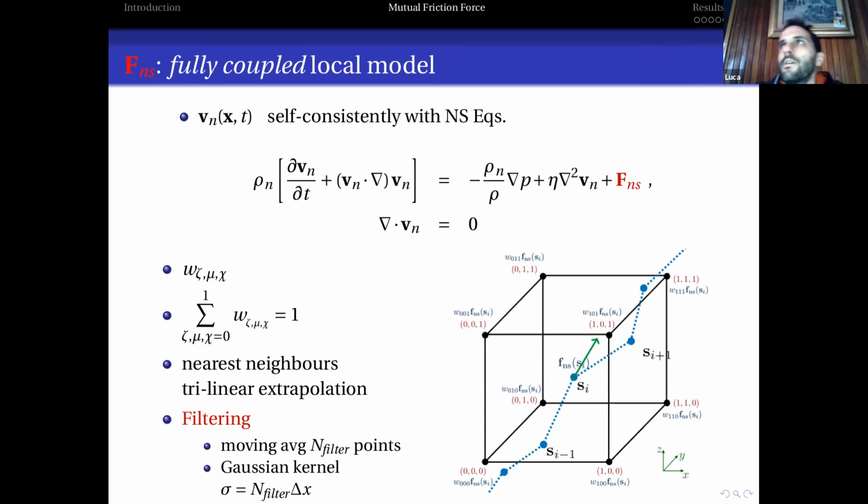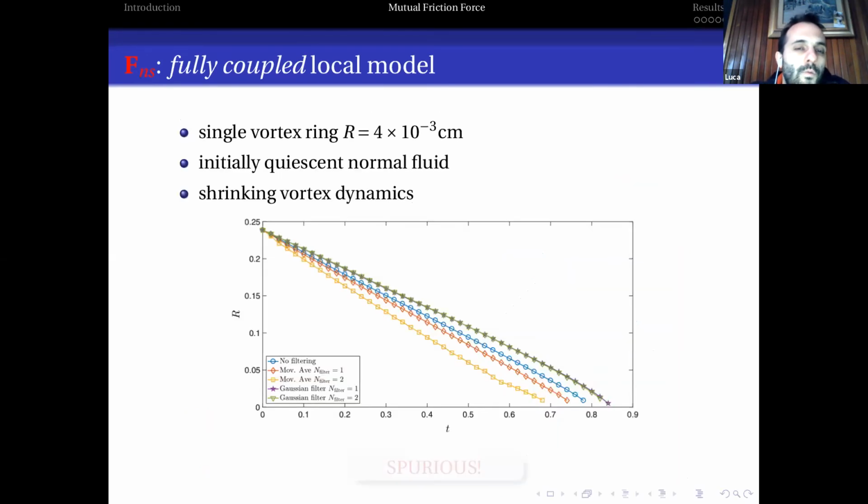The question is whether the results depend on the filtering and on the extrapolation method. So we took a single vortex ring in an initially quiescent normal fluid and observed its shrinking dynamics. The vortex ring, of course, shrinks because of the friction with the normal fluid. In this case, we used nearest neighbors as the extrapolation method, and then applied the filter.